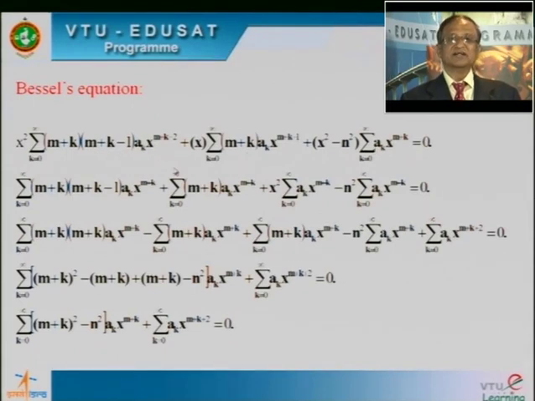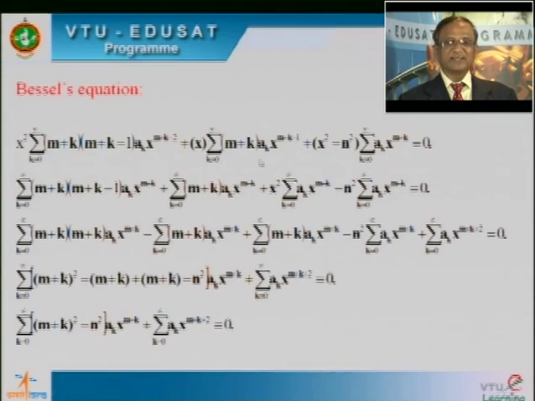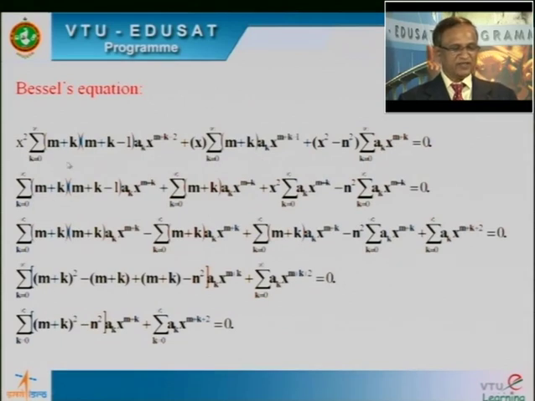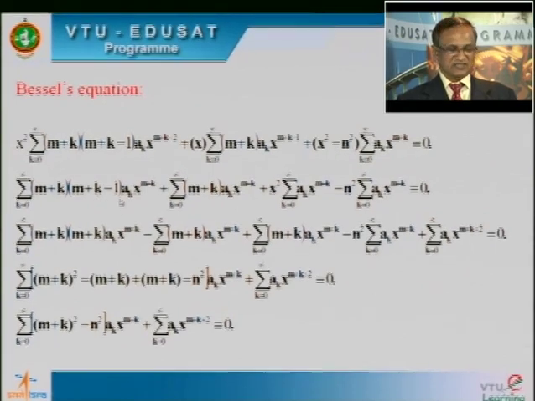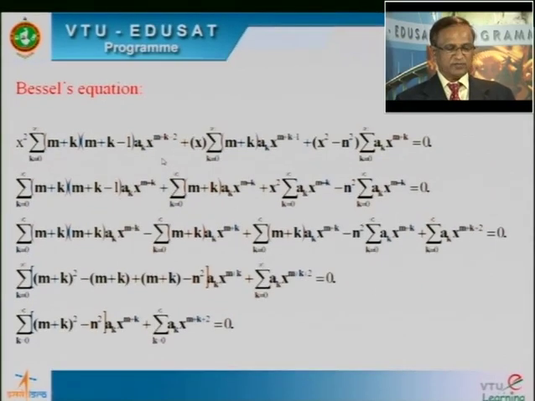Now I want to simplify, or rearrange the terms. Here the coefficient of the summation is x square. I want to multiply; m plus k is constant, I have written it as it is, and m plus k minus 1 is constant as it is, ak is constant as it is, x to the power m plus k minus 2 into x square. The base is the same, so you can add the powers.